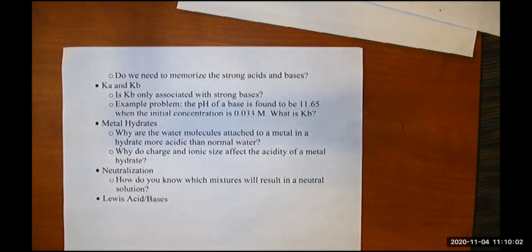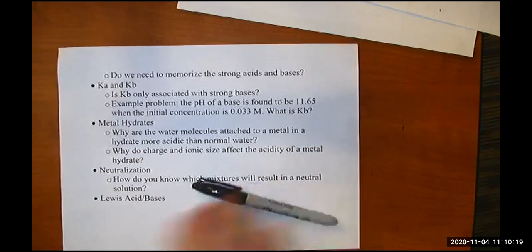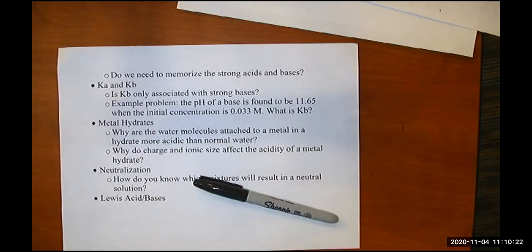But there are some particular acids that are used so much that it's useful to know that they are strong. Same thing for some of the bases. And I don't think that all 6 that are listed in the textbook are really absolutely necessary to memorize because only about 3 of them are.